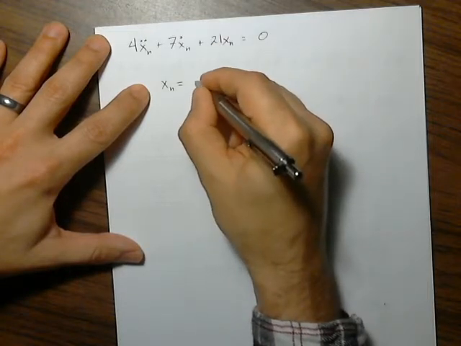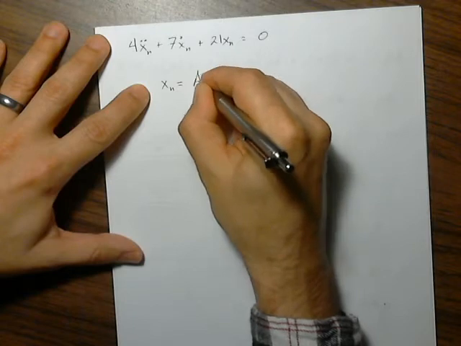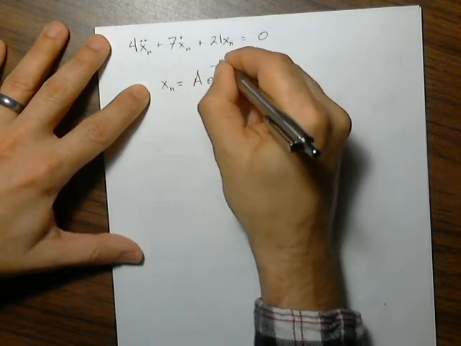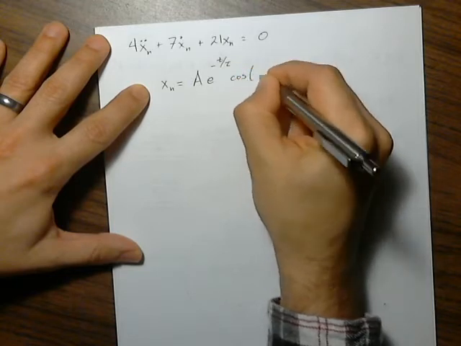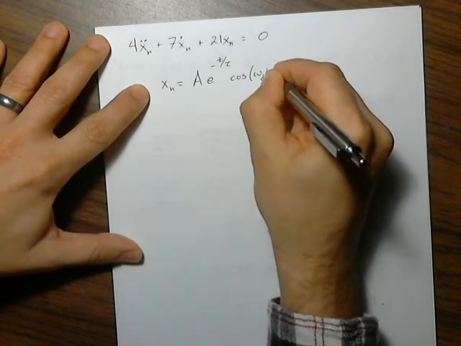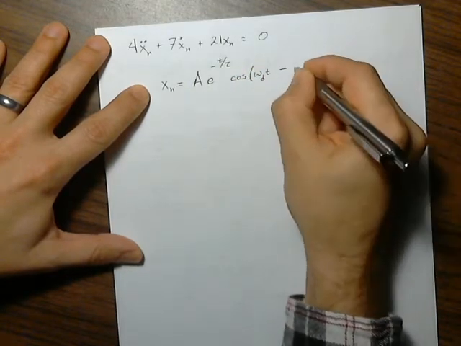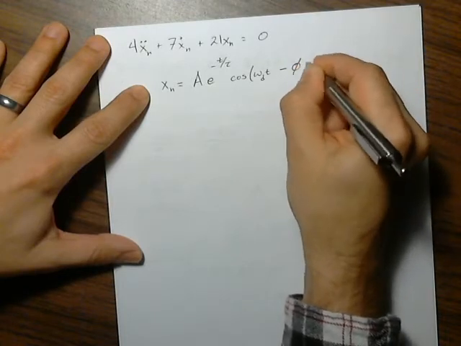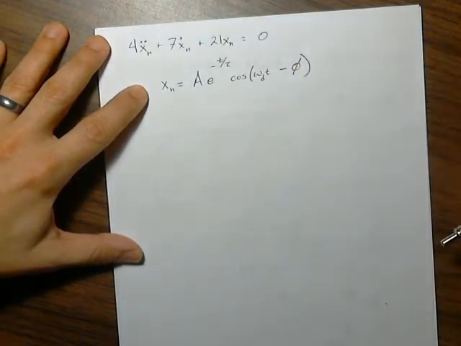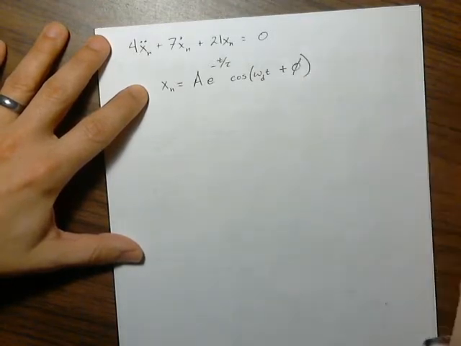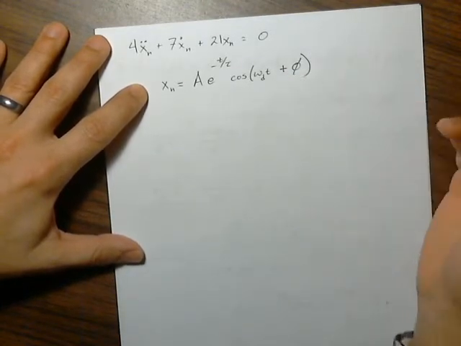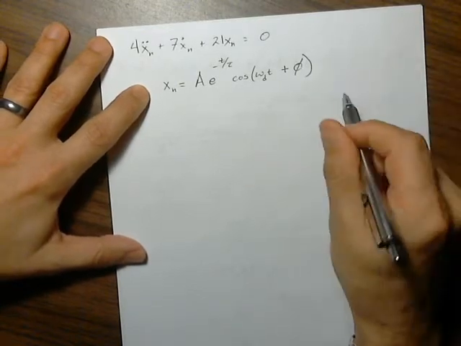We end up with a solution that looks like this. And we might write a positive here. Yeah. You can write it either way. Phi is just an unknown.